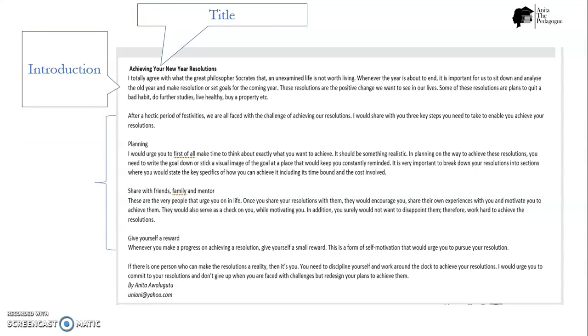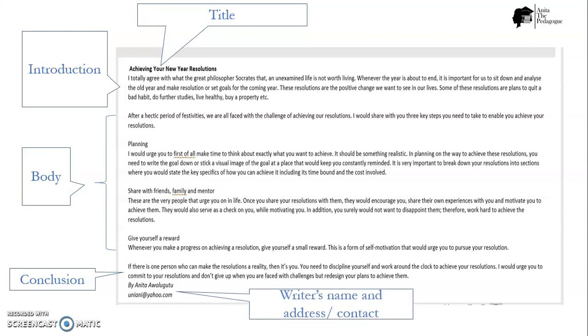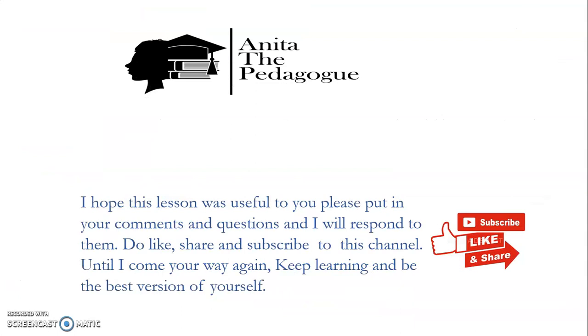Then we have the body, which is made up of four short paragraphs. After the body, we have the conclusion. It sums up the entire information that's needed and gives suggestions as well. And then the final part, the writer's name, address, and contact.